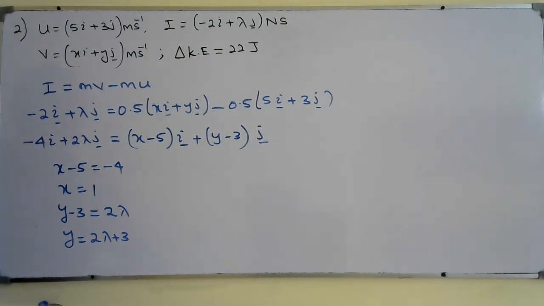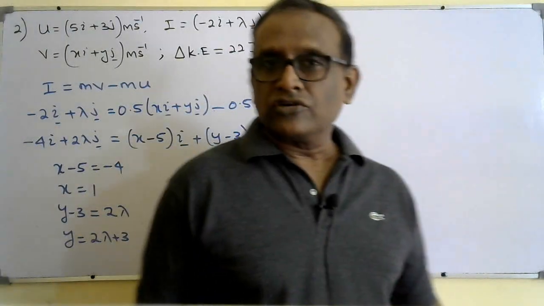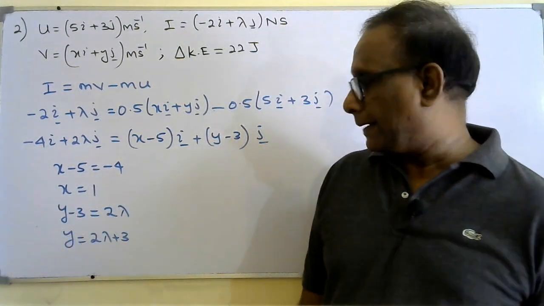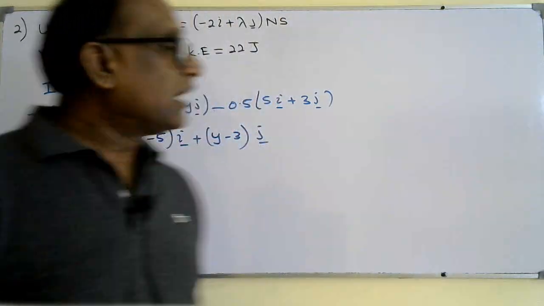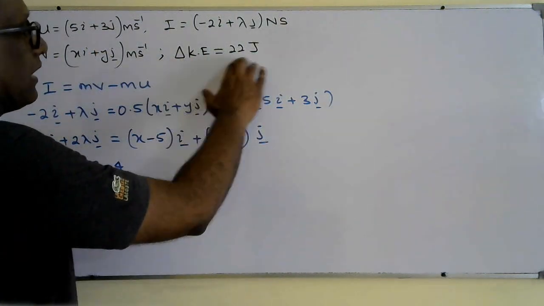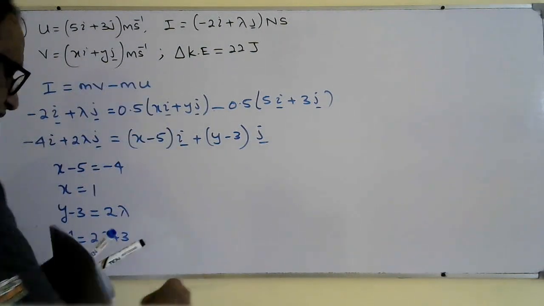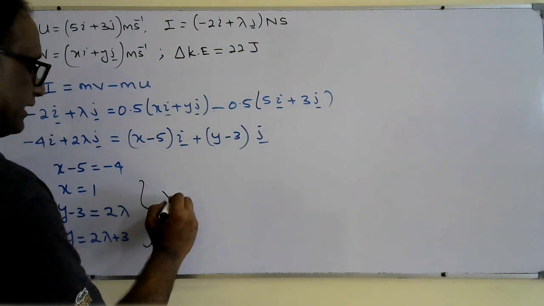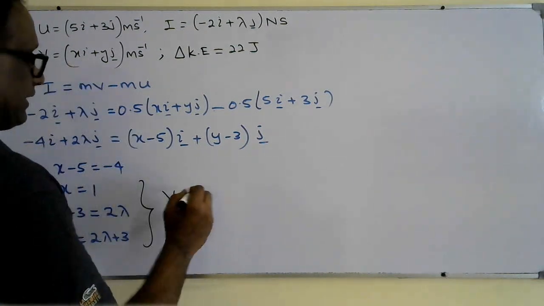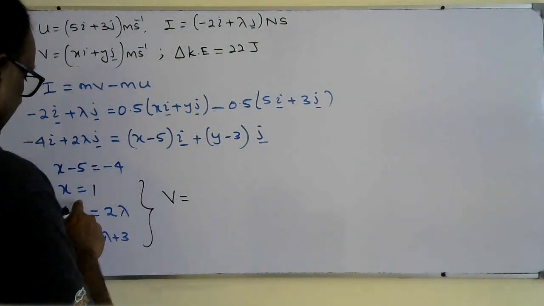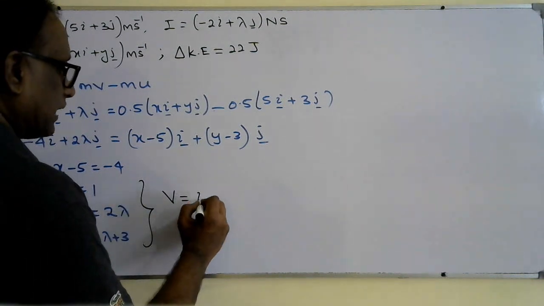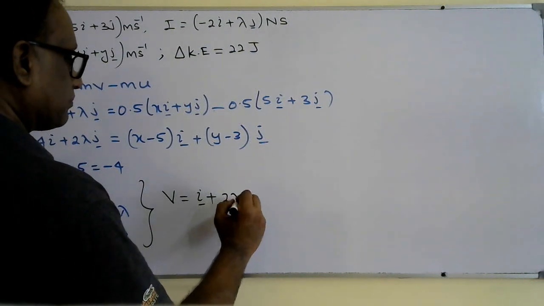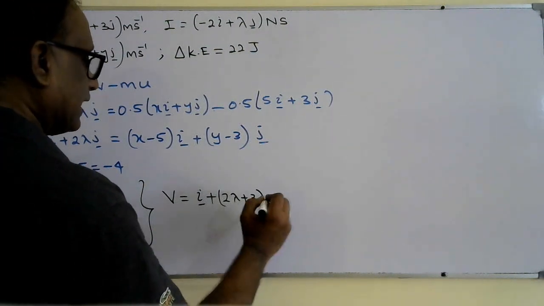So we got the values of x and y, but x is a number, y is in terms of the constant lambda. Now we are going to use this. We know the final velocity v is given as xi plus yj. So x is 1, so that's going to be i plus yj, where y is 2 lambda plus 3j.